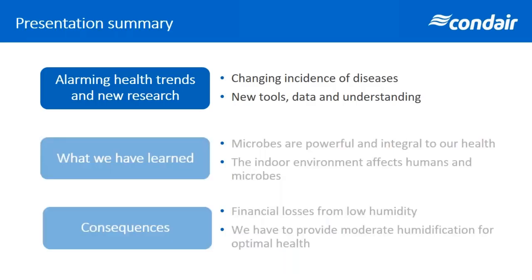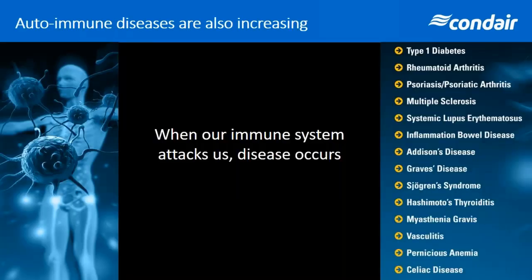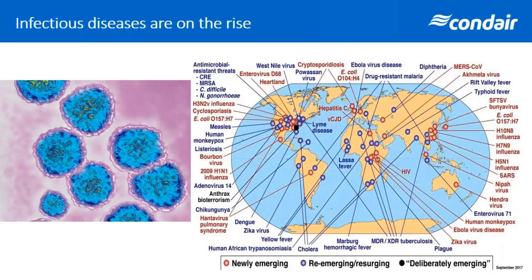So getting started, there are some alarming health trends going on in the world. The incidence of diseases is on the increase, but thankfully we have some new tools that have given us a new understanding of this. So, for example, on the left here with pink background, you see some bacteria, and on the right you see a 2017 world map from the CDC that shows in the red text new microbes which are causing diseases.